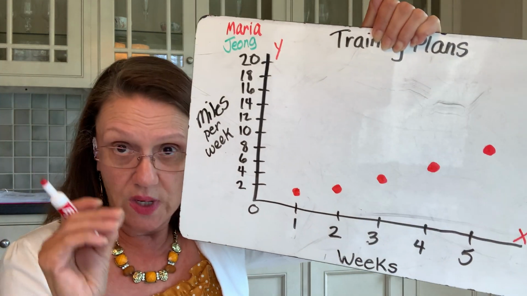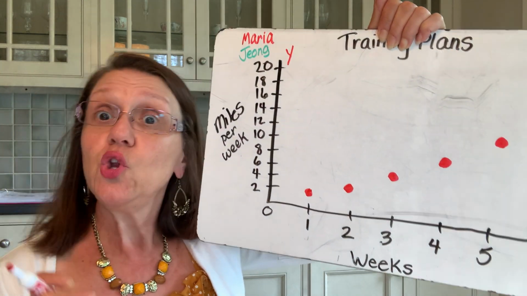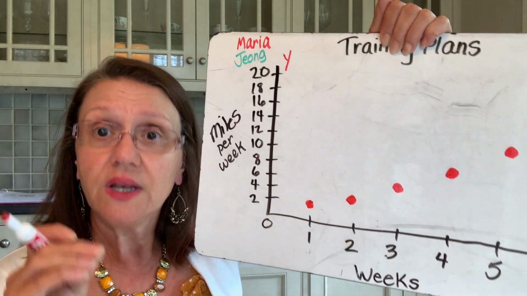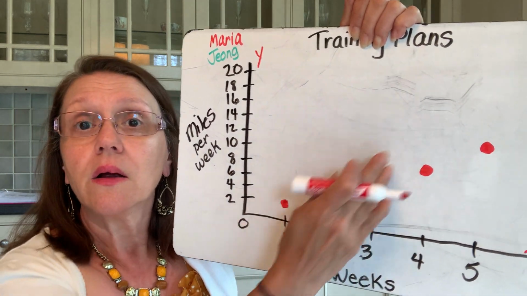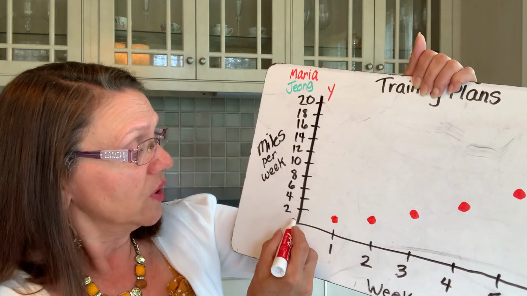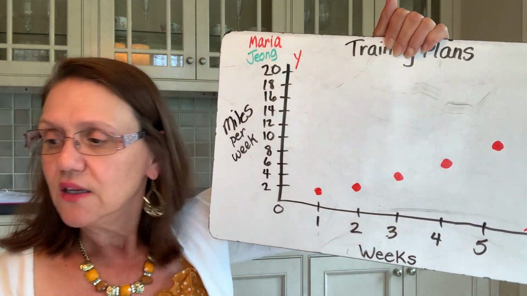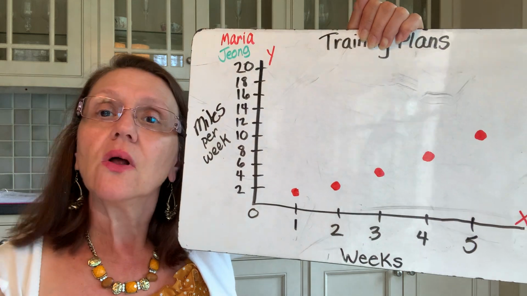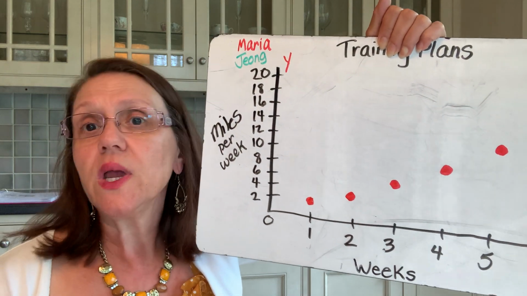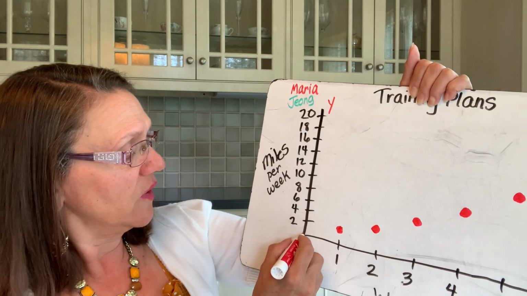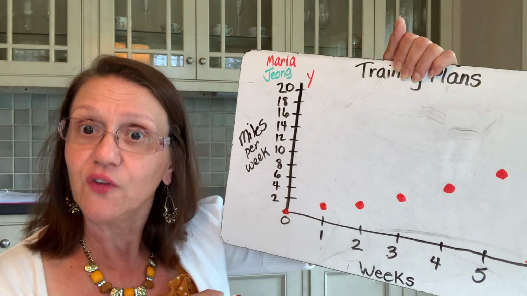Then, if we were creating this graph, we would use a ruler to connect our observations. You could also extrapolate, guess. You could also say that at 0 weeks, Maria had done 0 miles and put a 0 at the origin, if you wished.